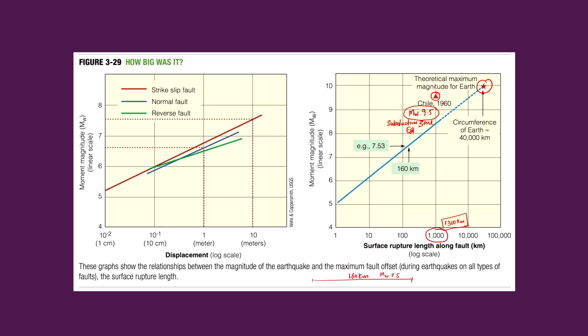Okay. Now, in that case, the rupture would be almost like the circumference of the earth, which is around 40,000 kilometers. This will be the rupture which is expected as per this graph. Okay. So it is going to be a massive disaster on this planet.